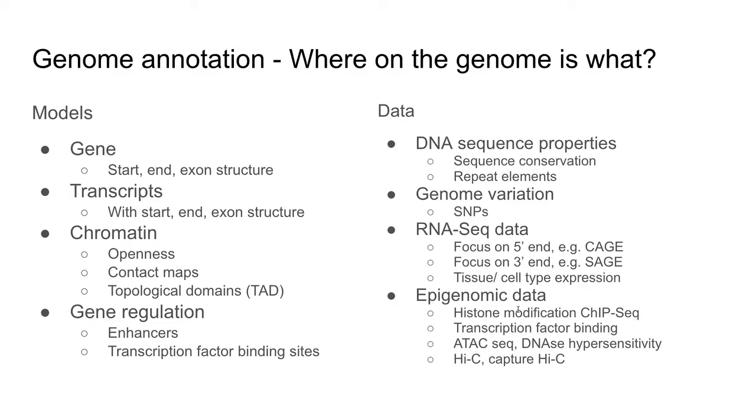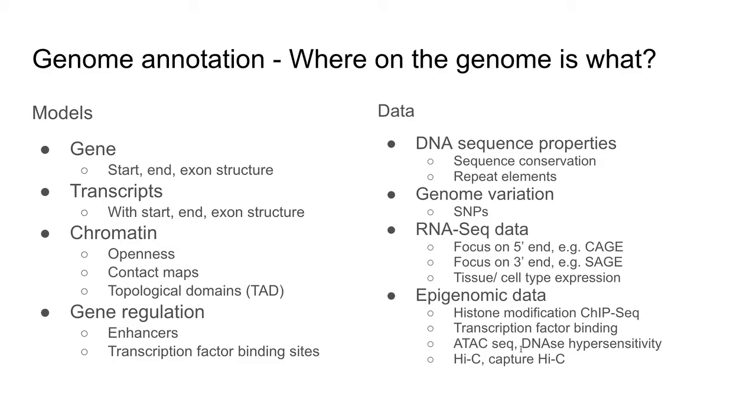So we can measure where proteins are bound to the genome itself, or to histones which are at certain positions in the genome. It's histones and transcription factors. These transcription factor binding models here are slightly different because they result from scanning of motifs along the genome.